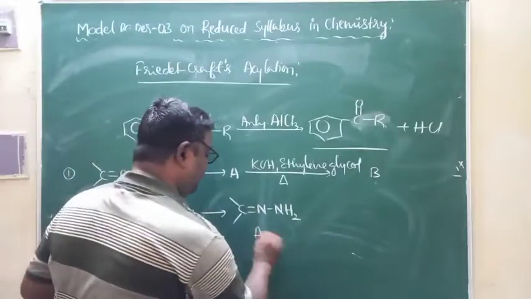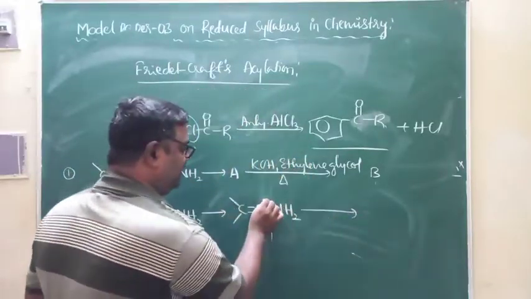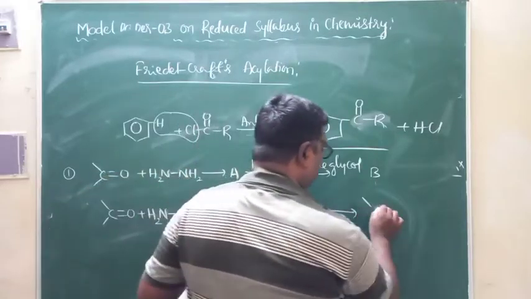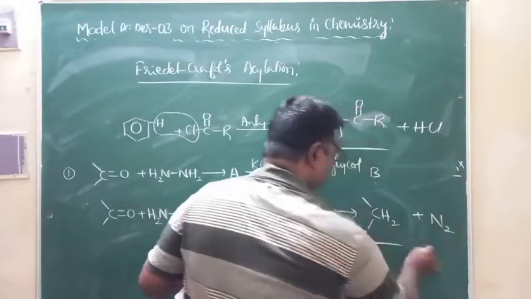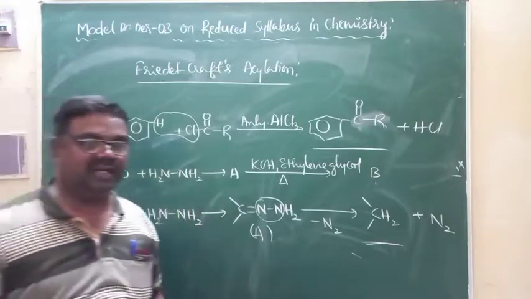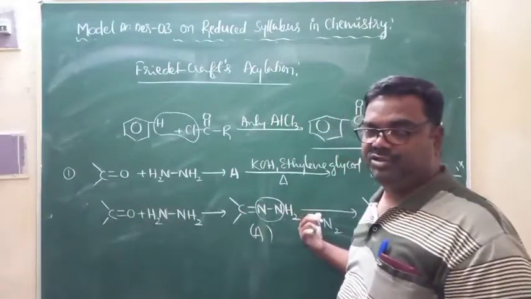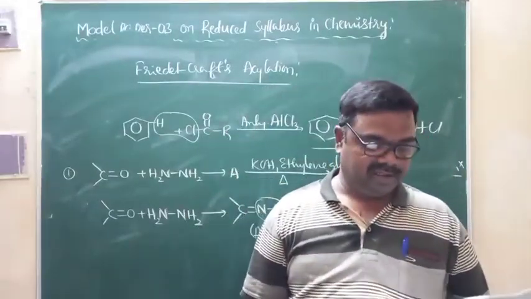Upon heating with KOH in presence of high boiling ethylene glycol, it loses nitrogen, minus N2. What remains is CH2 plus N2. So this is the hydrocarbon, that is alkane. Wolff-Kishner reduction is similar to Clemmensen reduction. In Clemmensen reduction also the CO group is converted to CH2 group, but in presence of zinc amalgam in hydrochloric acid. So that's the difference there.